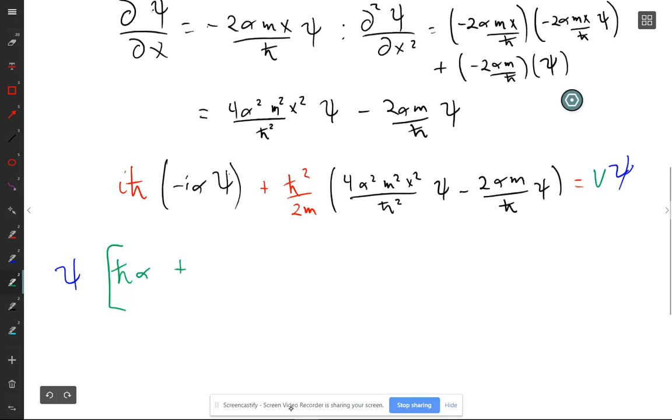I'll have the h bar squares cancel out. A 2 cancels, leaving 2 on top. Alpha squared, 1 m cancels. Then the next term, the 2's cancel. The h bars have 1 cancel, so I'm left with h bar. And the m's cancel.